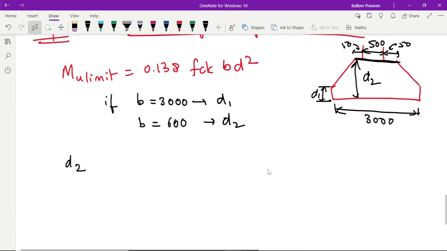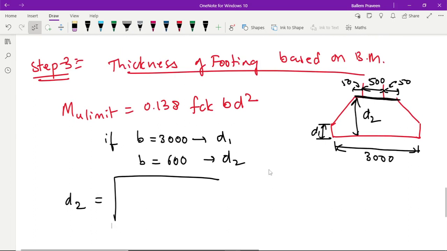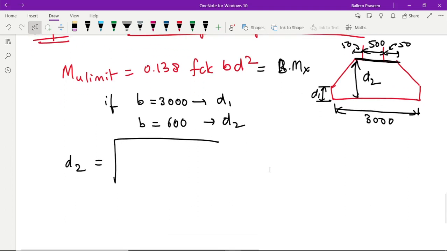So let us calculate D2. D2 is equal to under root of Mu limit. You have to consider both the axes. So firstly I am taking bending moment about x axis. How much moment did you get? You got around 390.62 into 10 to the power of 6 divided by 0.138 fck, which is 20, and B. If you want D2, you have to substitute the top width, that is 600.